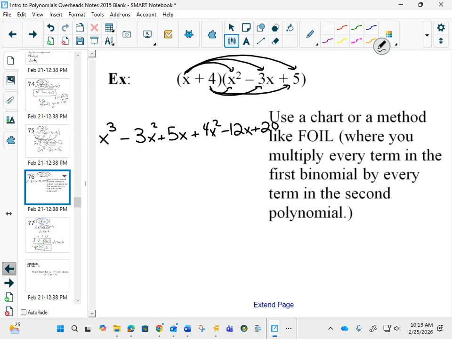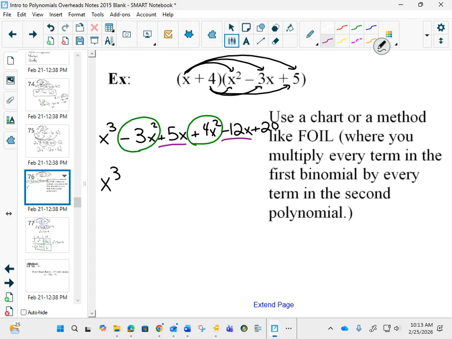Wow, we have 6 things. And sometimes it can be easy when you're doing your mental math to get lost. Which arrow was I on? Which arrows have I done? Then we look, do we have any like terms? I have with x squared like terms. And I have with x's like terms. So I can put everything together.